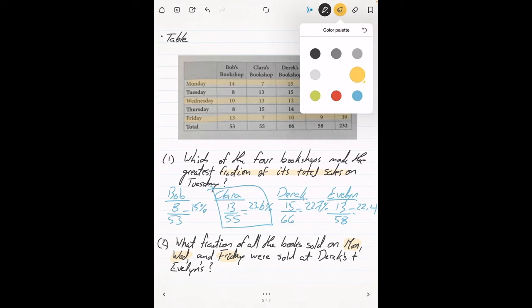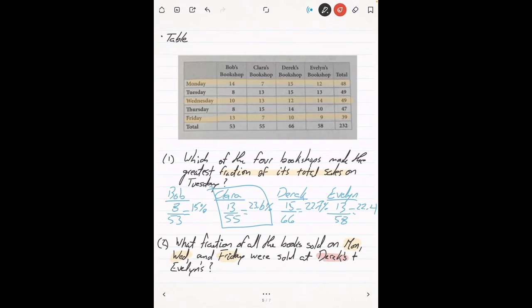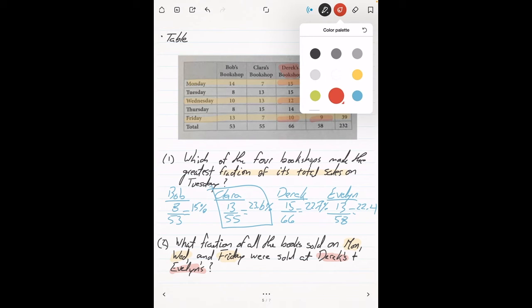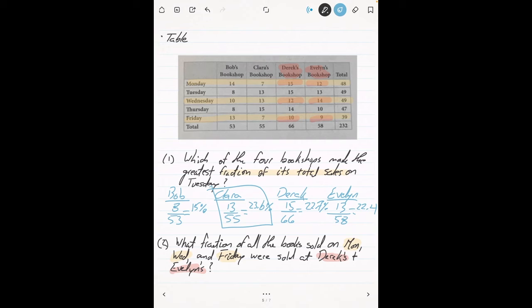And then we're also looking at Derek and Evelyn's bookshops. We need to find what fraction, so again, we're dealing with a fraction here, of all the books sold on these 3 days were sold at Derek's and Evelyn's.